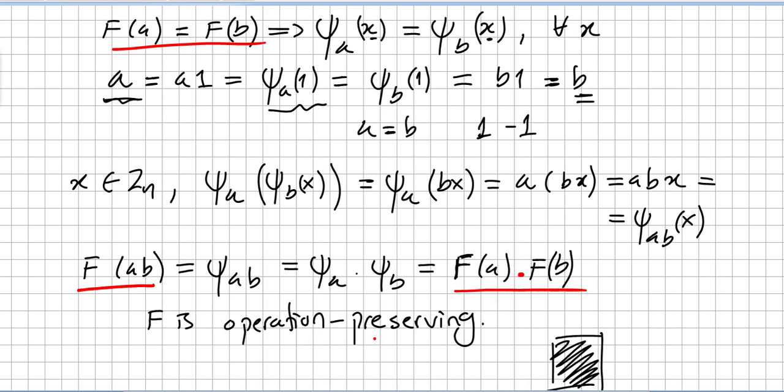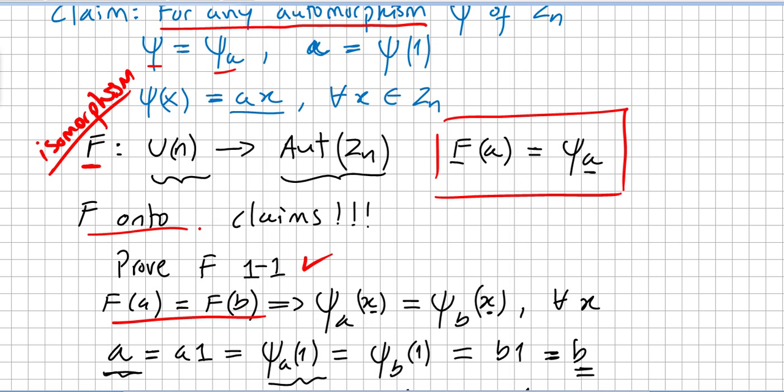So it's operation preserving. So we just proved that f is an isomorphism. We found the isomorphism from the group of units to the automorphisms of Zn. Any further question, just contact me through the usual media.